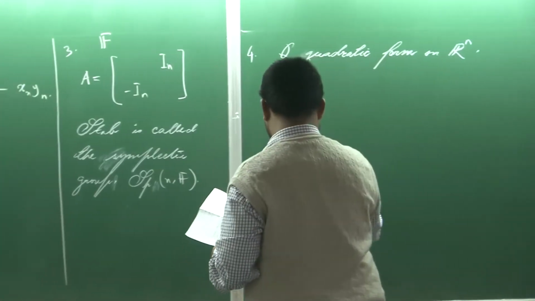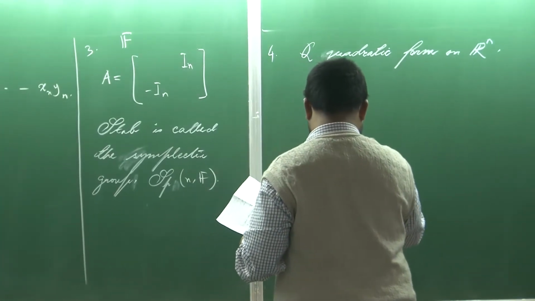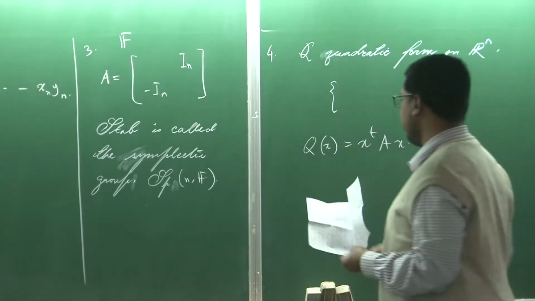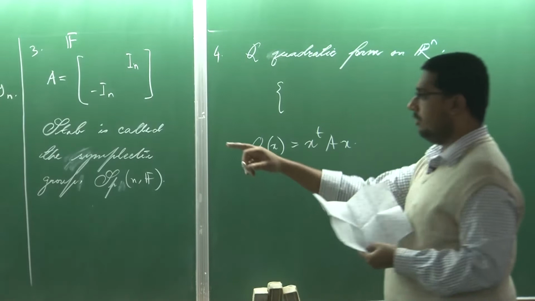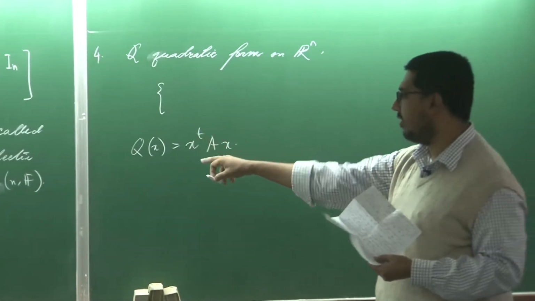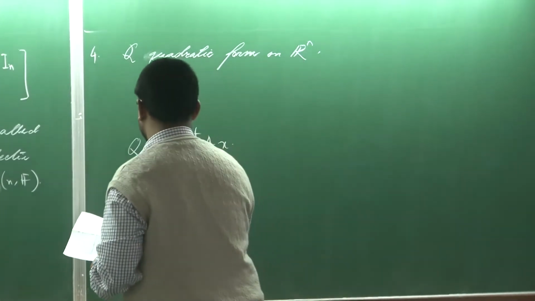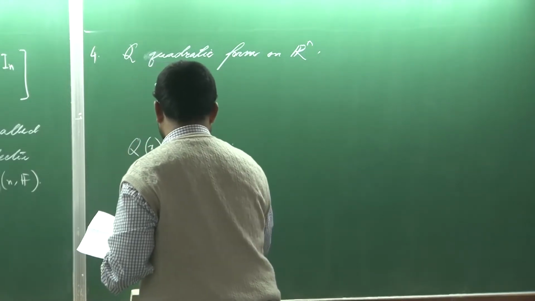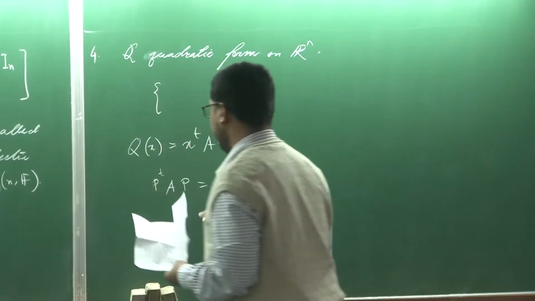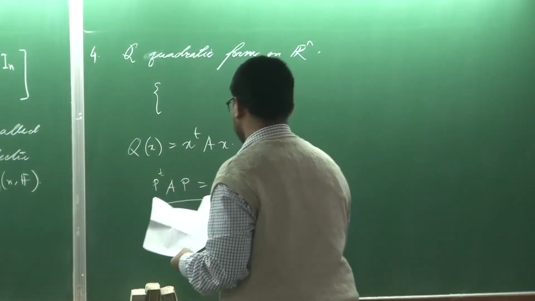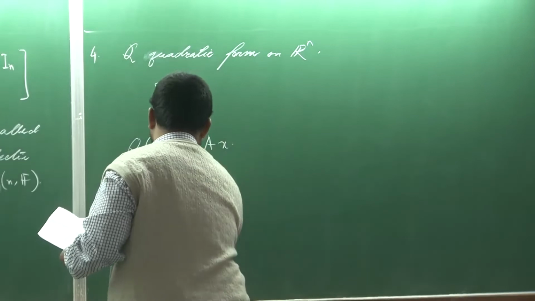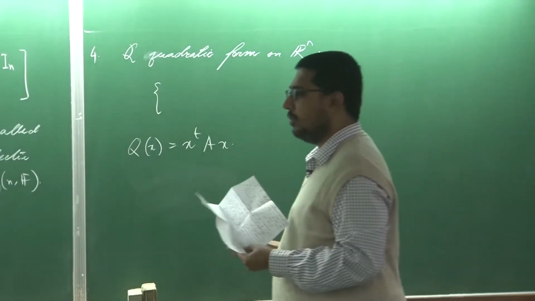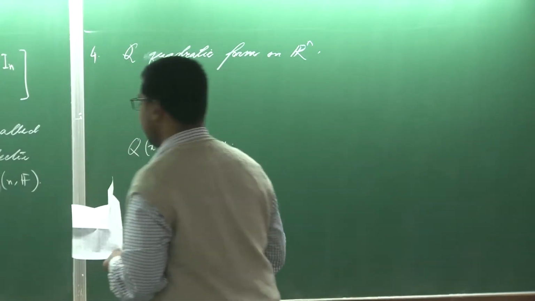Remember that a quadratic form is necessarily given by some symmetric matrix A. By a stabilizer, an invertible matrix P stabilizing this quadratic form, it means that P transpose A P has to be A, because stabilizing means Q(Px) is Q(x). So if for some P, Q(Px) equals Q(x) for every x, then this is what we obtain.